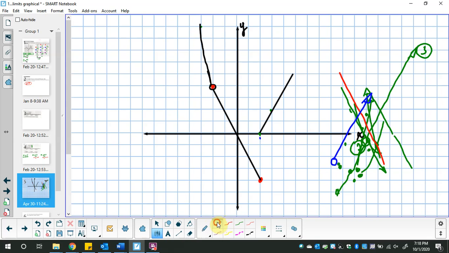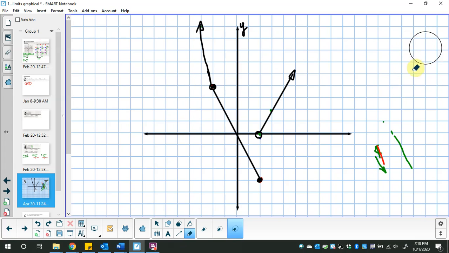And there is the picture of the function. All this stuff was helping you get there. It might have actually been easier for me to use a pencil than it was smartboard technology.